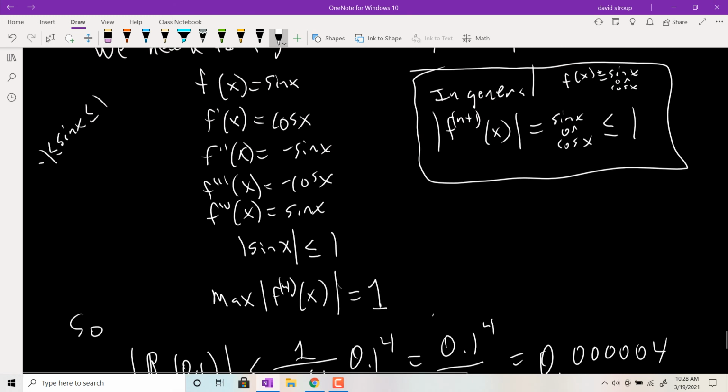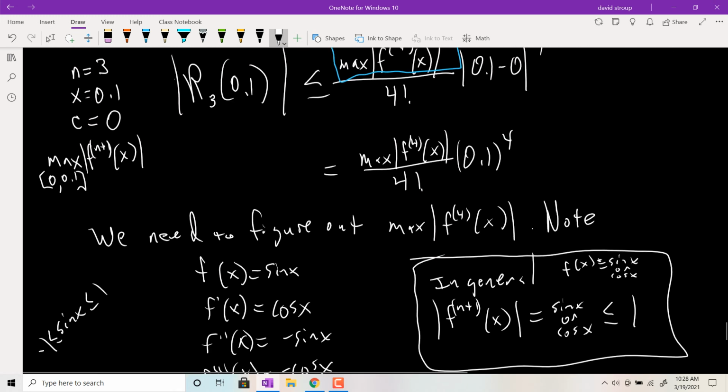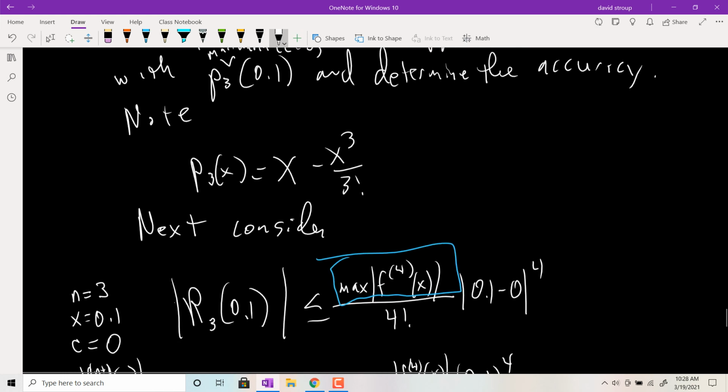Okay, so if we go back and consider what is p sub 3 of 0.1, right here, p sub 3 of 0.1, that's going to be 0.1 minus 0.1 cubed all over 3 factorial. Okay, so that'll equal 0.1 minus 0.1 cubed divided by 3 times 2 is 6.